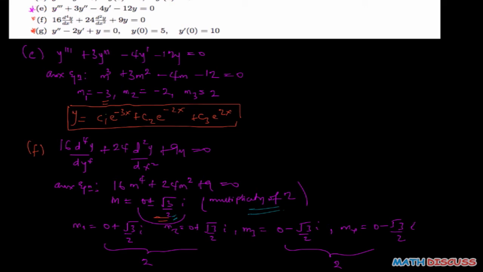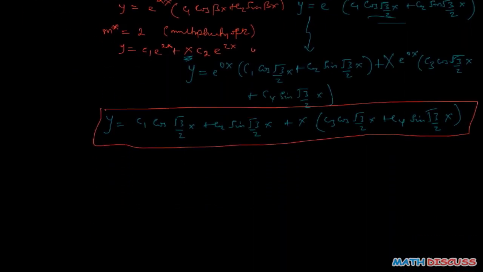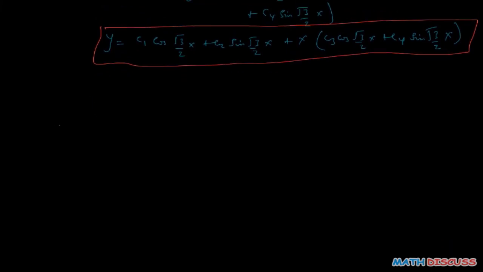We have y'' minus 2y' plus y equals 0, with initial conditions y of 0 equals 5 and y' of 0 equals 10. I'll write that down for quick reference.